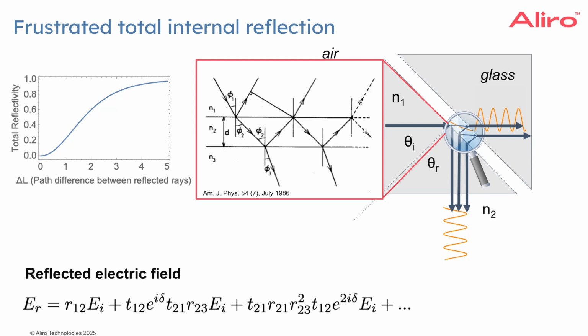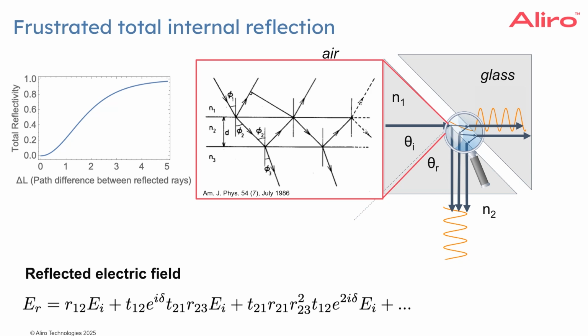There's a nice paper which goes through this, which I've included a citation for in the center of this screen. You can also plot what the total reflectivity of this beam splitter will be by summing this series, where the series has the electric field that is reflected and of each consequent back reflection.